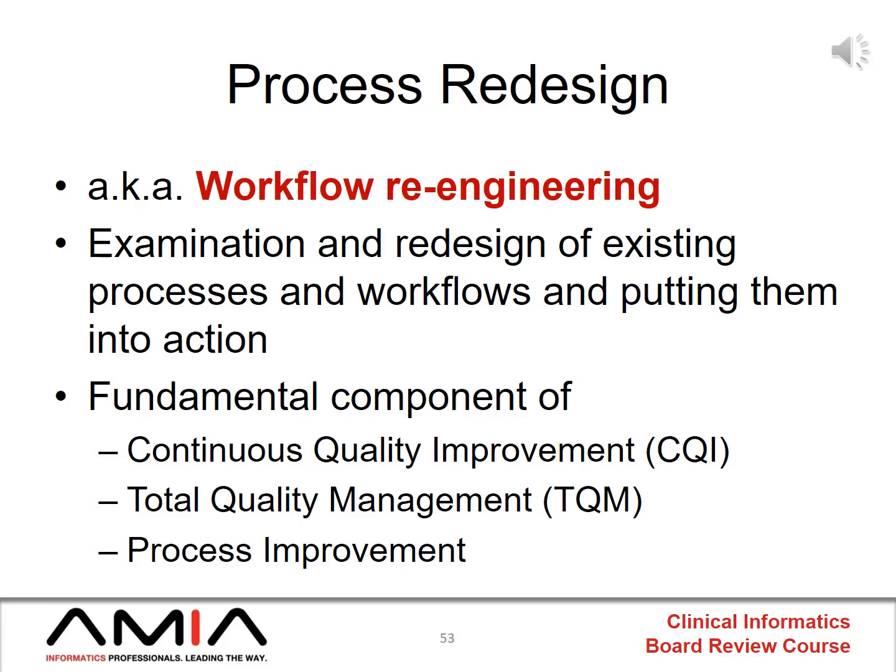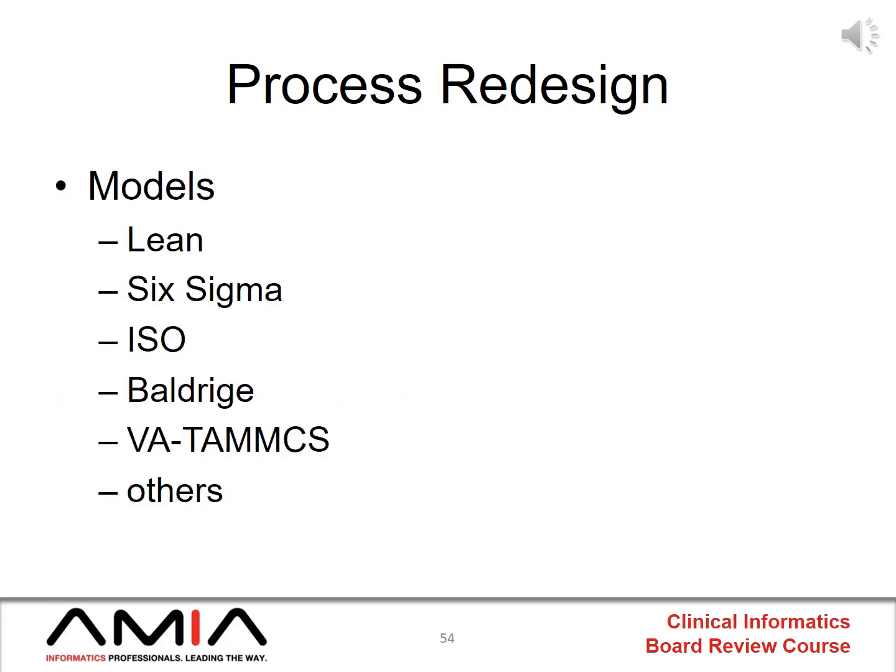Process redesign is a fundamental component of continuous quality improvement, total quality management, and just general process improvement. There are many different models of process redesign. Lean and Six Sigma, I think, are the ones that most of us are familiar with, although ISO also has process redesign that some of you may be using.